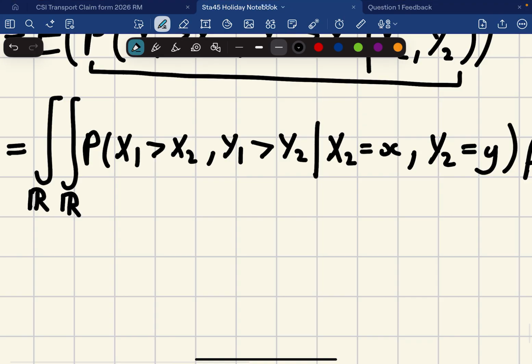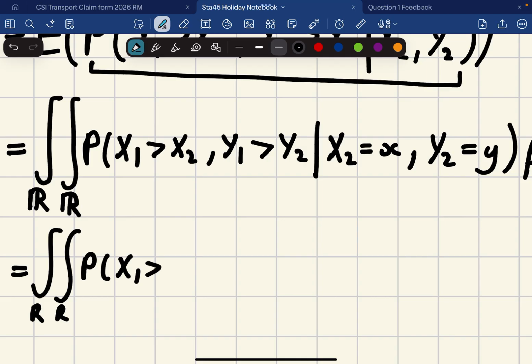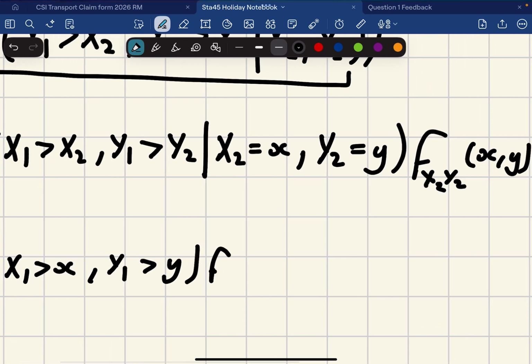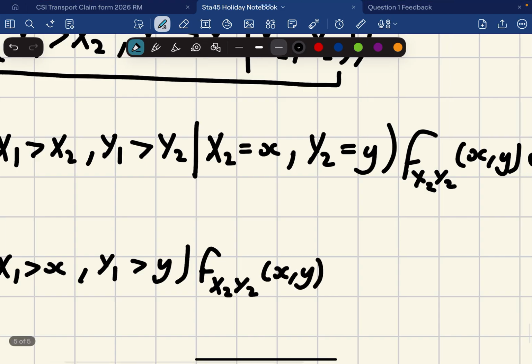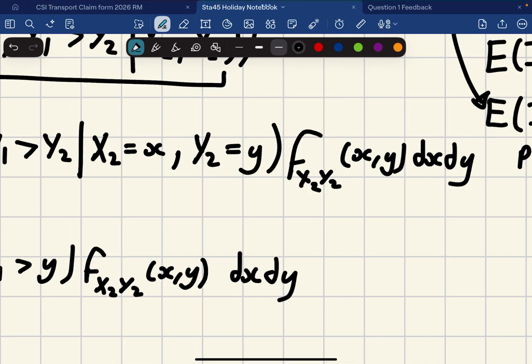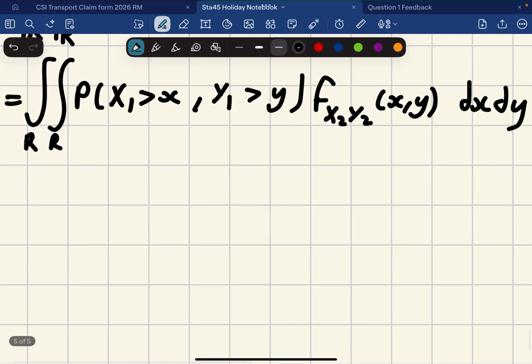And then you're going to find yourself with double integrals over R. We can now substitute this here, the probability that x1 is greater than x and y1 is greater than y, small y, multiplied by this, times dx dy. And then we're going to apply a transformation.